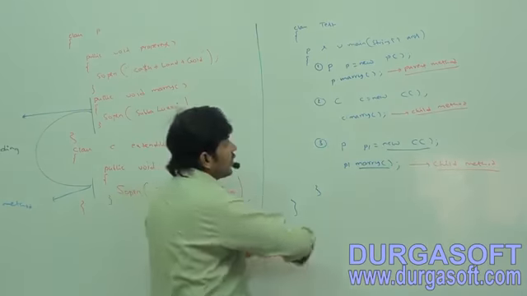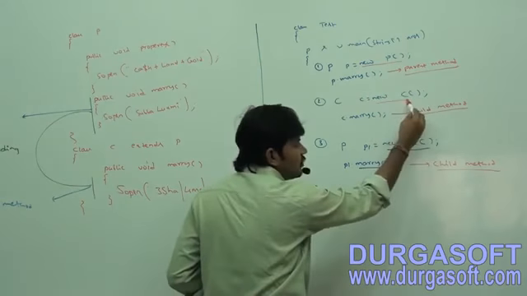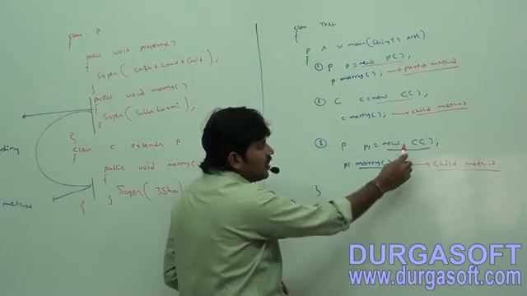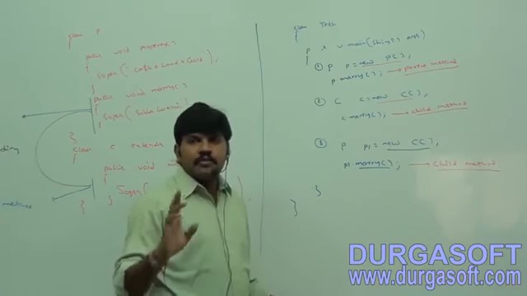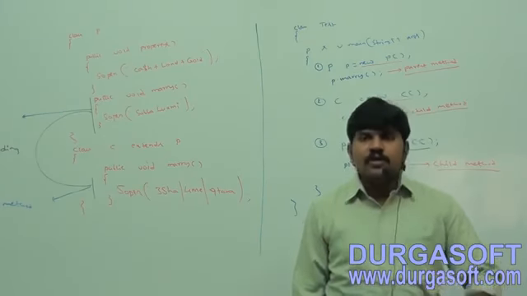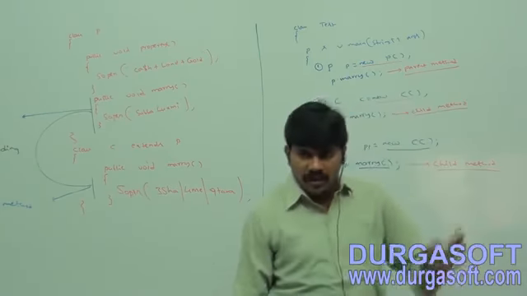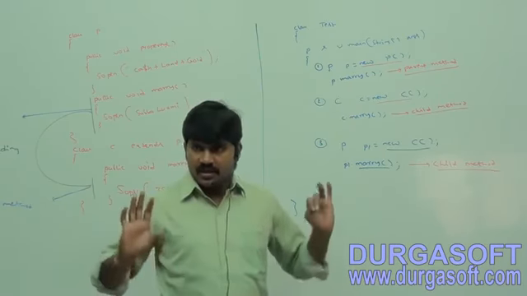Here, which is the runtime object? Parent method, parent object. Child method, child object. That's why in overriding, method resolution is always based on runtime object. Clear for all of you, right?